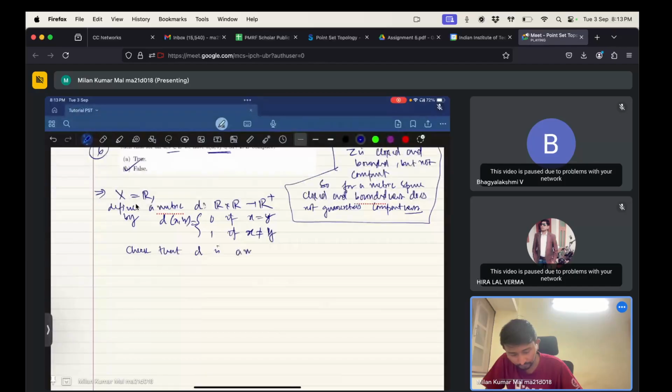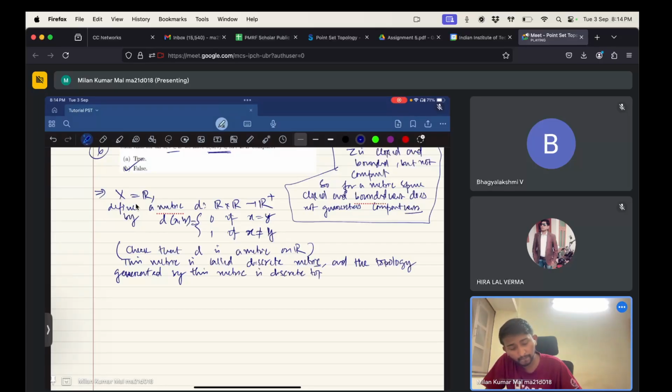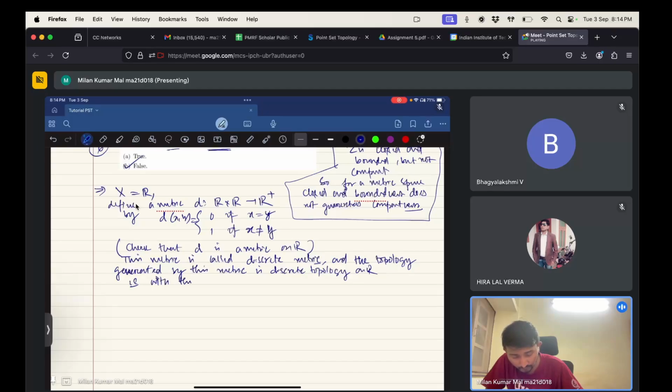d is a metric on R. This metric is called the discrete metric, and the topology generated by this metric is the discrete topology on R. That means with this topology, every singleton set is open and closed.